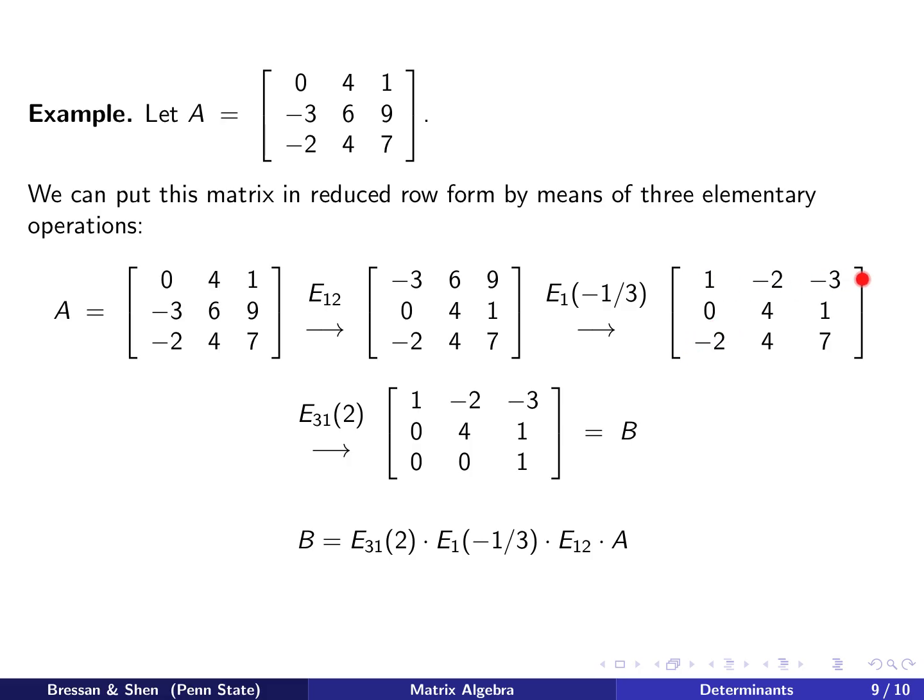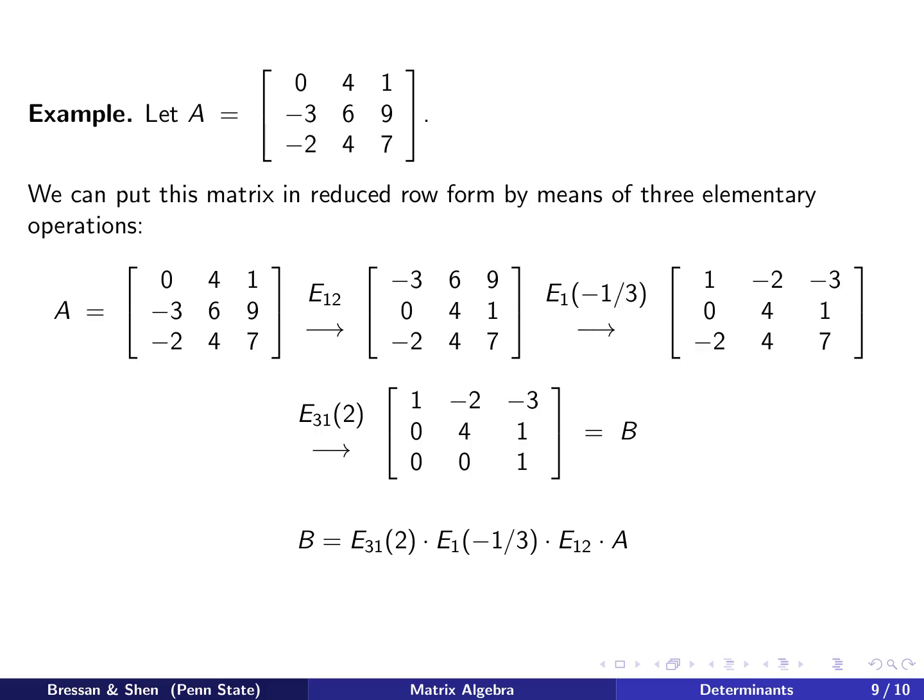So I multiply row 1 by 2 and add this on top of row 3, and I'm very happy to see this becomes 0 and this becomes 0, because -4 plus 4 becomes 0. Okay, then I see that this is already a reduced row form, and that we call the matrix B.